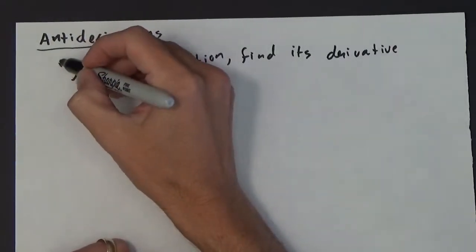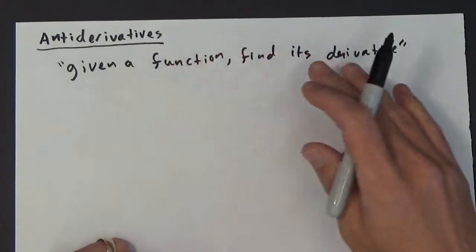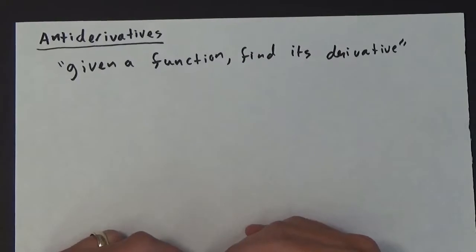And this works well in a lot of applications of calculus. We have a function, we want to find its derivative, and then we use that derivative to look at a bunch of concepts within that function, such as rate of change and concavity and optimization and so forth.